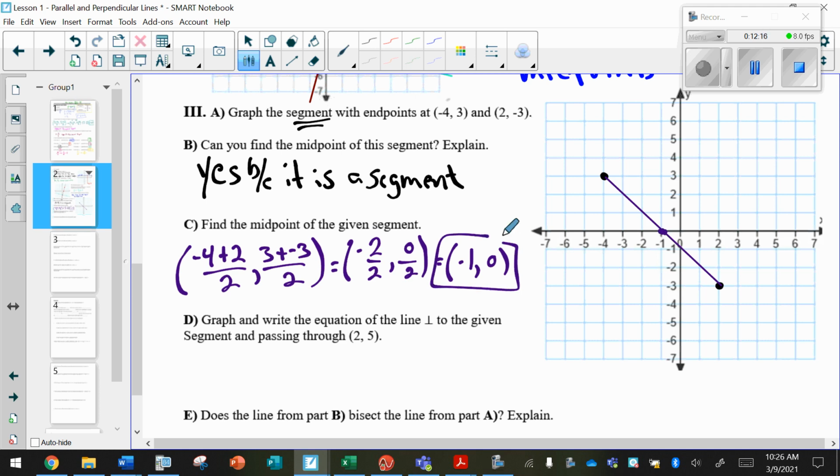Graph and write the equation of the line perpendicular to the given segment passing through the point (2, 5). So if it's perpendicular to the given segment, that means I need to find the slope of the given segment. So counting from the graph, we can tell that this given segment has a slope of -1. So our perpendicular line would then have a slope of +1, and it's going to pass through the point (2, 5).